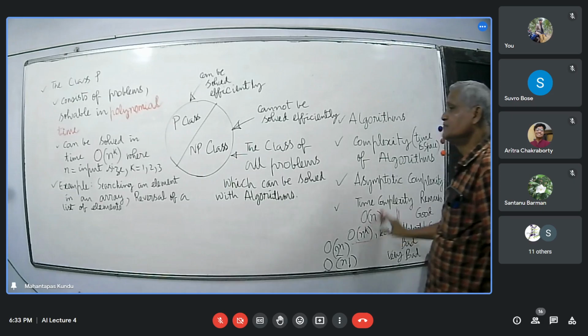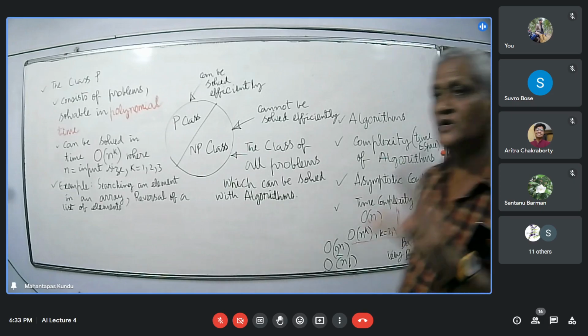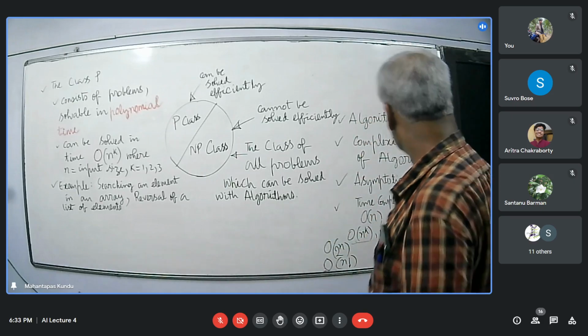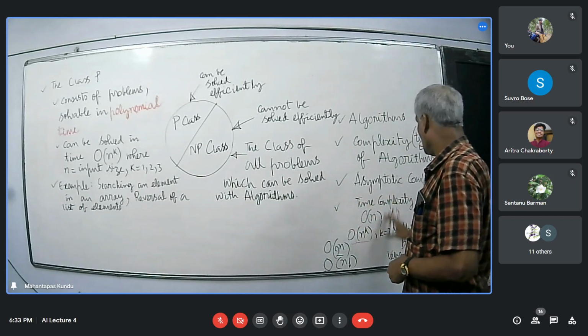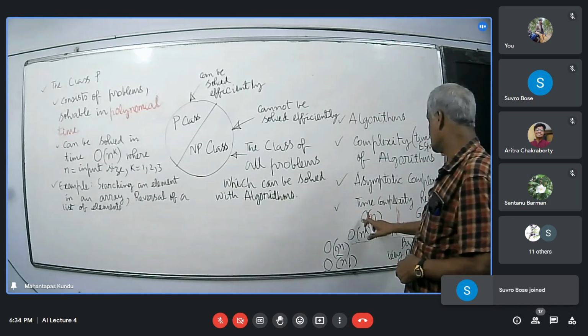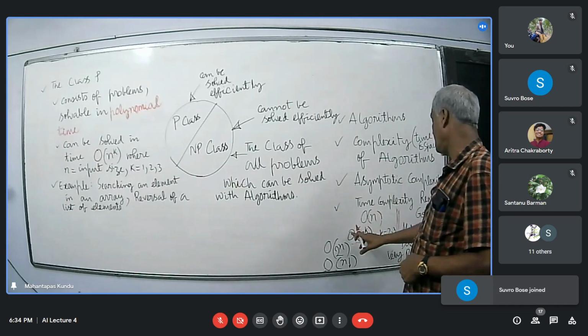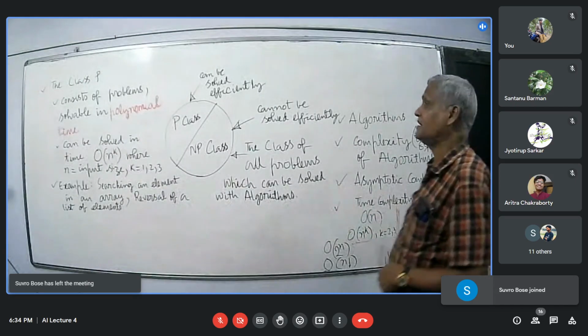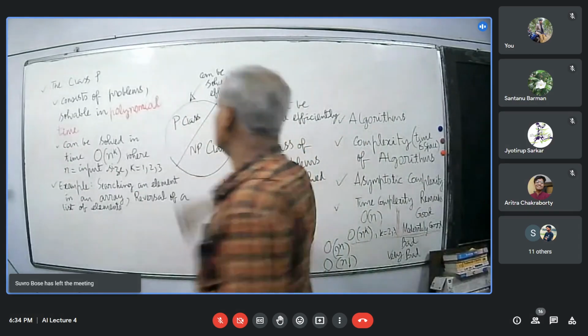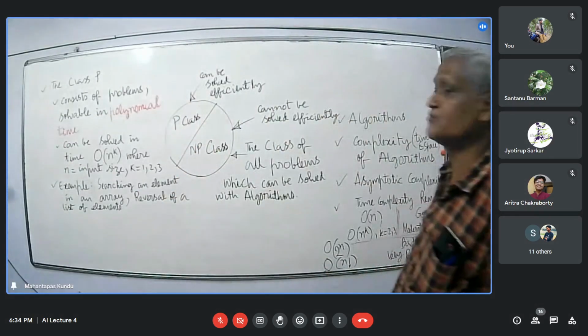And the problems which have algorithms of time complexities of big O of n or big O of n to the power k, such class of problems are called P class of problems.